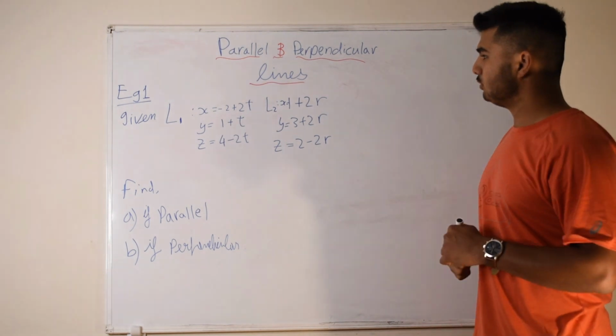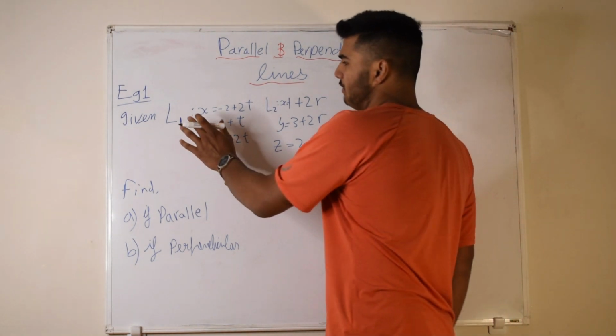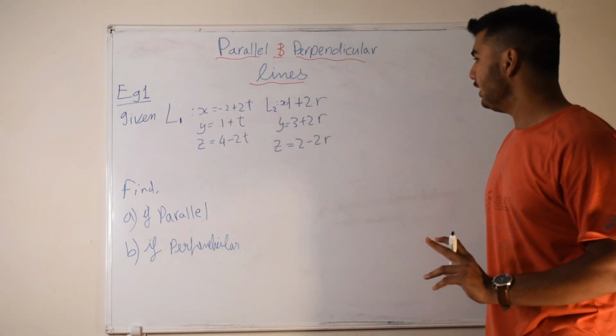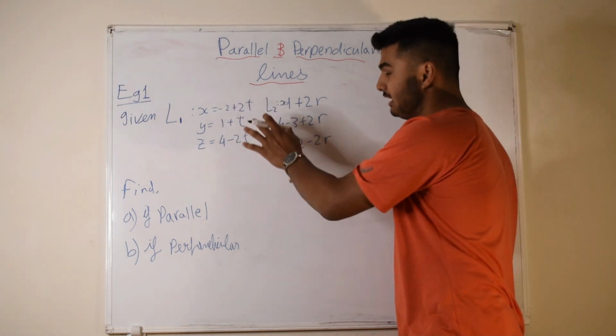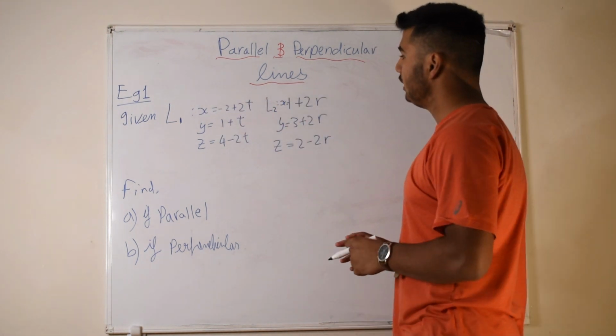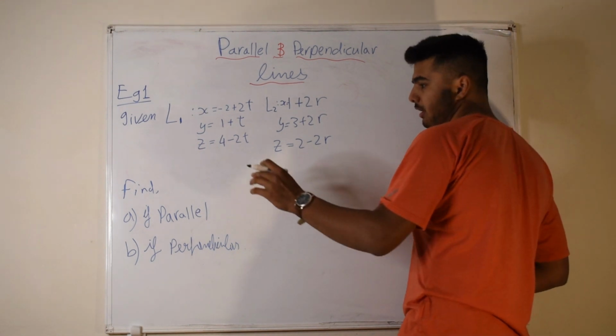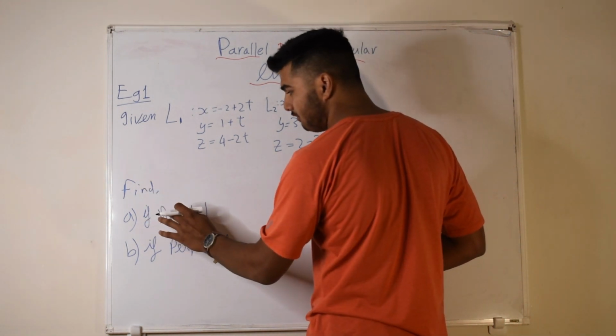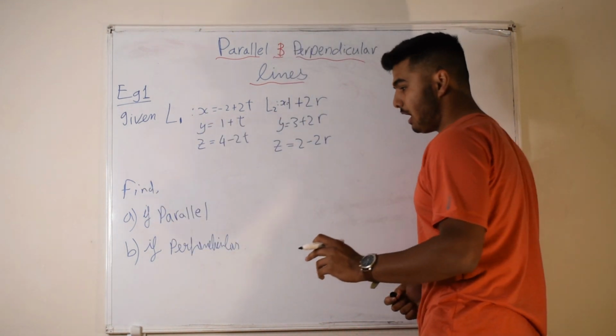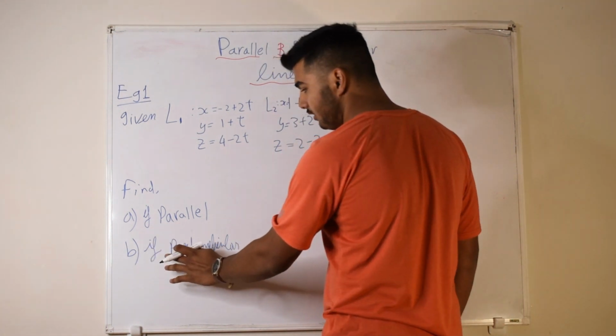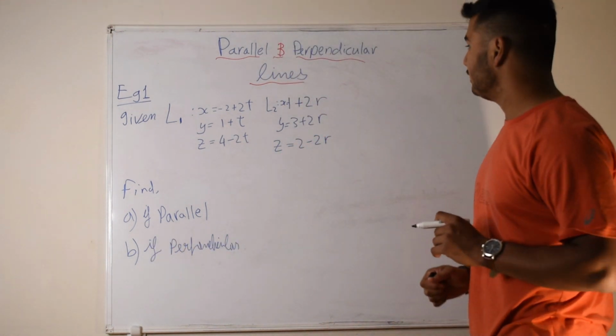Looking at this first example over here, we've been given two lines written in their parametric equation forms. Find A if these two lines are parallel, and B if these lines are perpendicular.